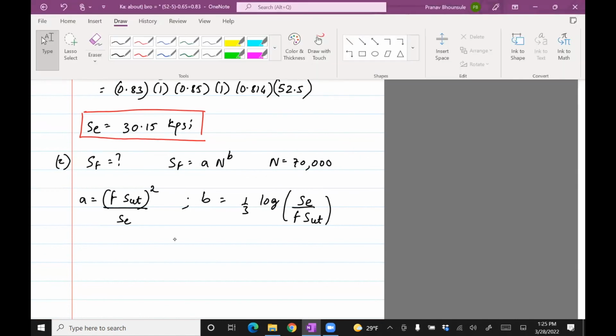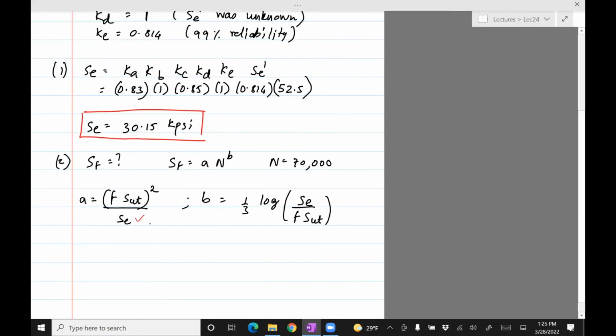We have computed SE. It is 30.15 right here on top.